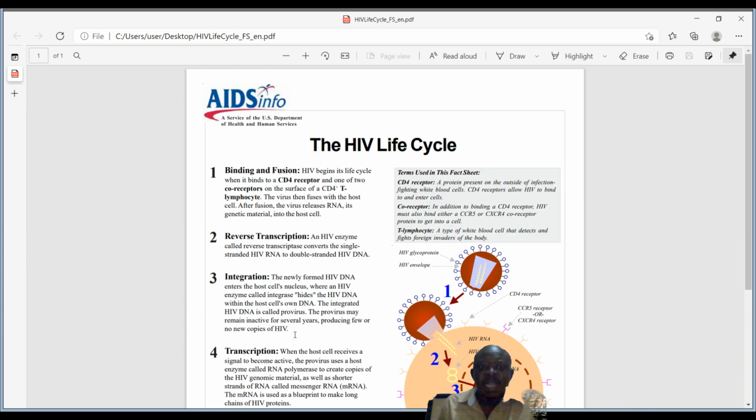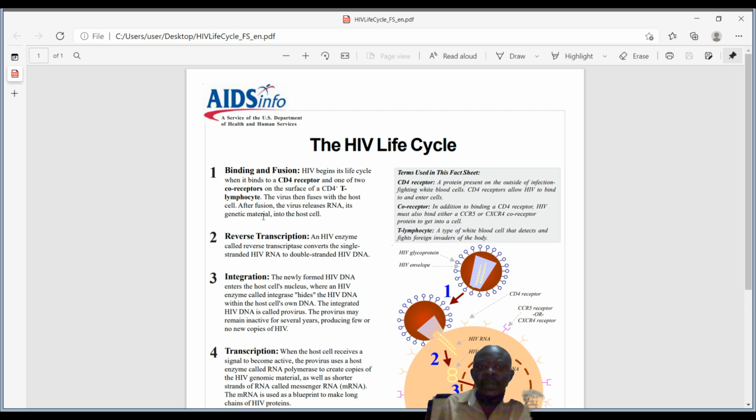Let's have a summary of what we have just been looking at. During binding and fusion, we have the HIV receptors, that is CCR5 and CXCR4, and the CD4 receptors, where the glycoprotein will bind to the host cell as it infects it.